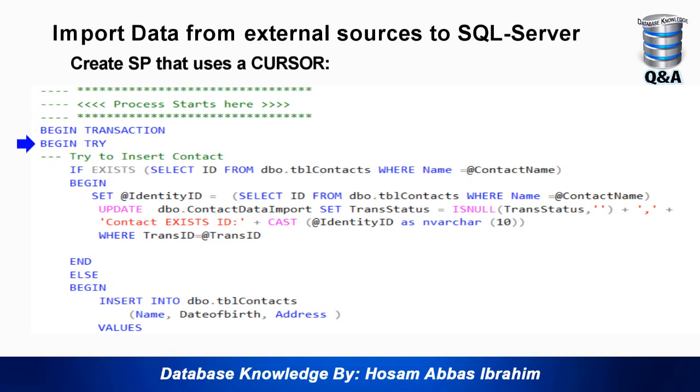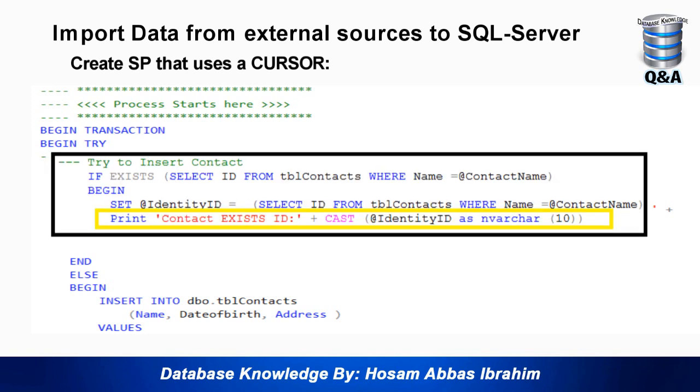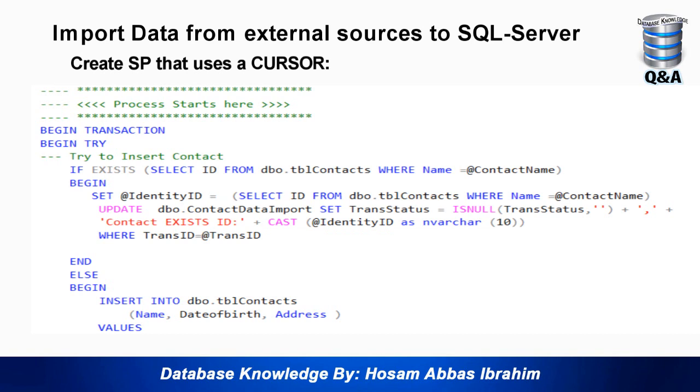I will try to insert a contact, and instead of printing the information on the screen, I will take it and assign it to my transaction status using this command: is null transaction status. I'll trim it and add it to contact exist, where, this is very important, transaction ID equals the variable of transaction ID which I am capturing at the moment.